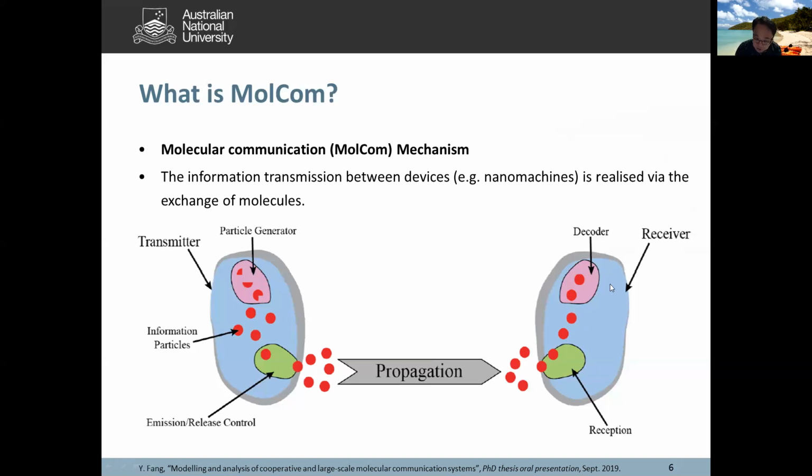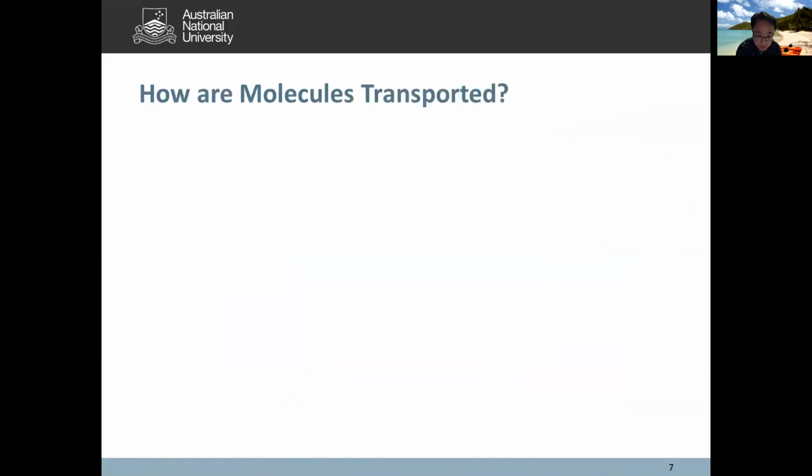And this is the function of the receiver. So we can see that for the whole mechanism of molecular communication, similar to wireless communication systems, we have a transmitter and a receiver, but there is a fundamental difference: in molecular communication, the molecules are the medium, or the particles which carry the transmission.